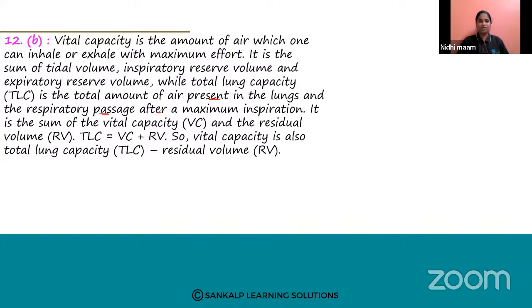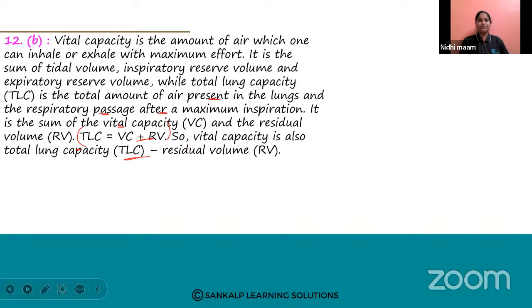It is the sum of vital capacity and residual volume. So total lung capacity can be given as vital capacity plus residual volume, and total lung capacity minus residual volume also gives you vital capacity. Okay, so this is regarding the formula.